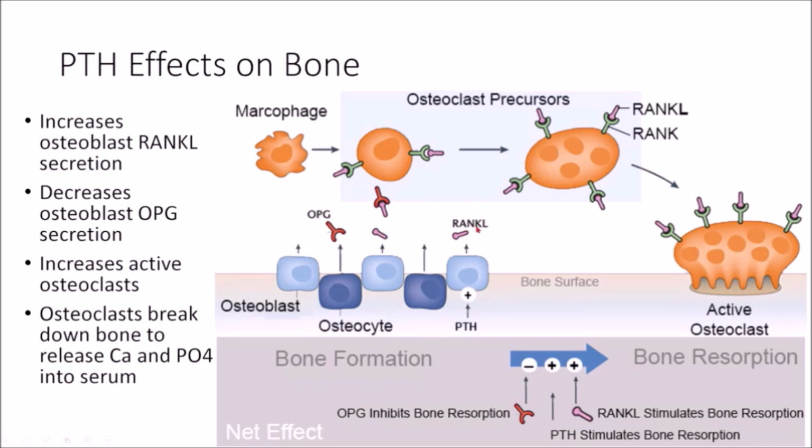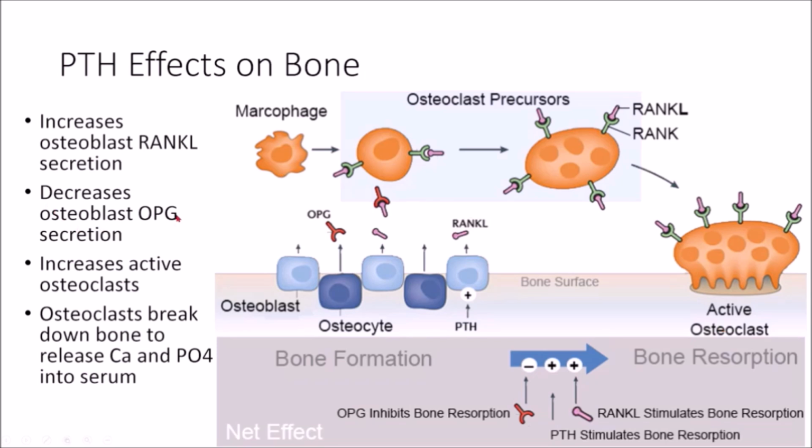That RANKL protein will go to the RANK receptors on the precursor osteoclast cells, which are actually macrophages. So essentially your white blood cells eventually become osteoclasts, which break down your bone. Once again, the RANKL binds to the RANK, turns the macrophage into an active osteoclast, and the osteoclast breaks down your bone, releasing a bunch of calcium and phosphates into your blood.